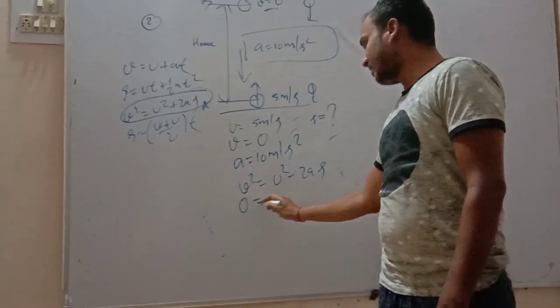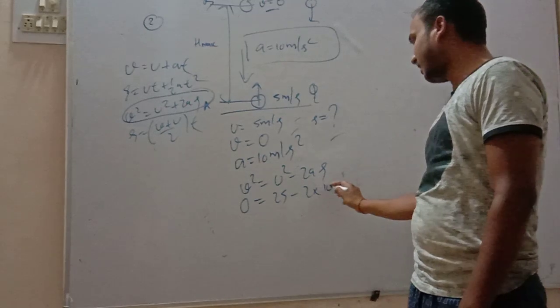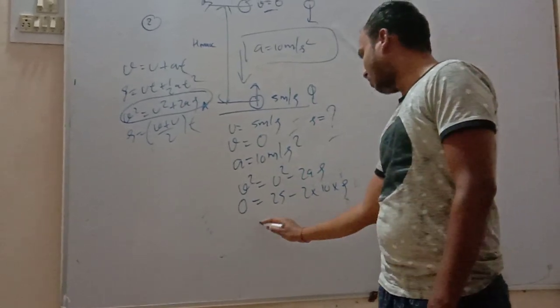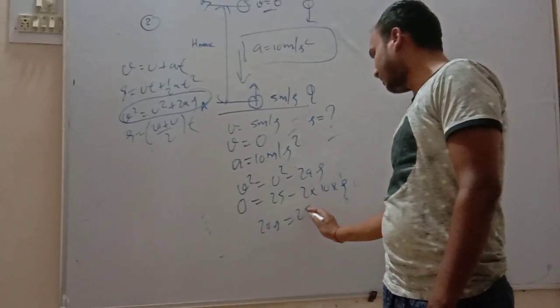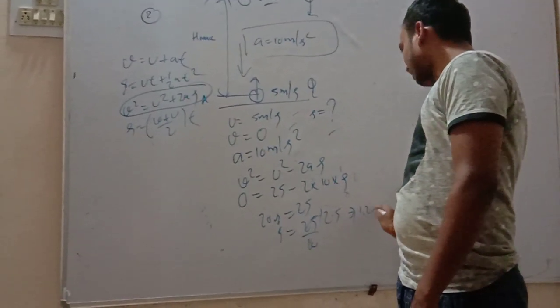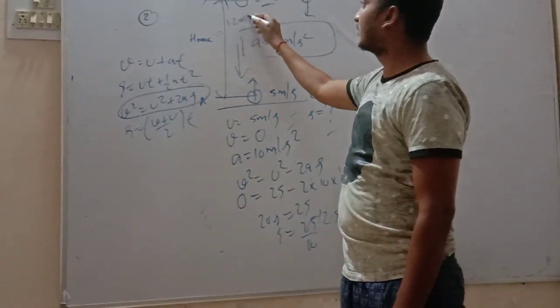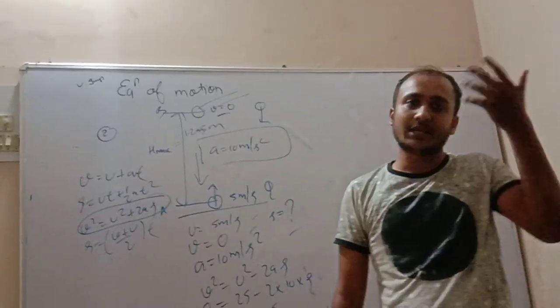Final velocity is 0, initial velocity is 5, so its square is 25, minus 2 into 10 into s. Solving this, 20s equal to 25, s equal to 25 by 20, which is 1.25 meter. So the ball will rise to a height of 1.25 meter and again come down.